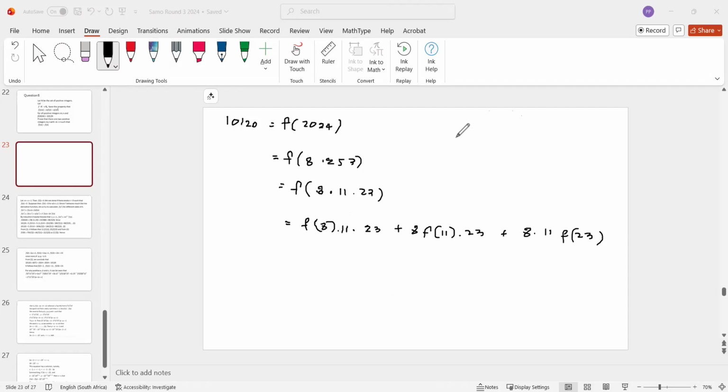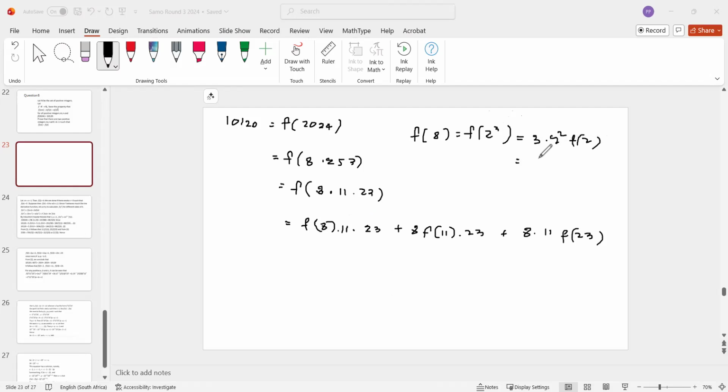So f of 8 is actually f of 2 cubed. And we saw that this is 3 times 2 squared times f of 2. And that last formula we did: f of a to the n is n times a to the n minus 1 times f of a.